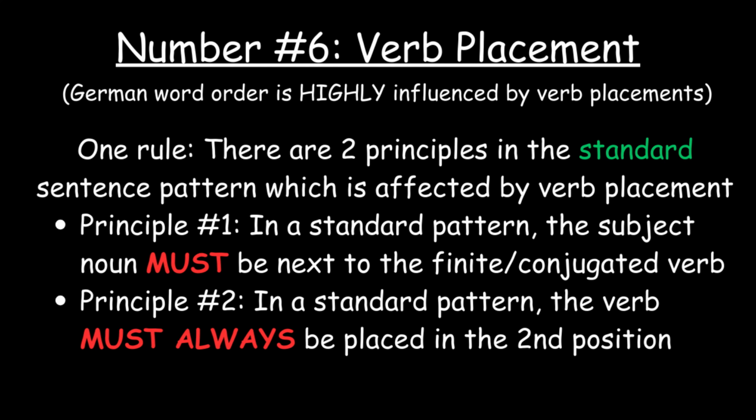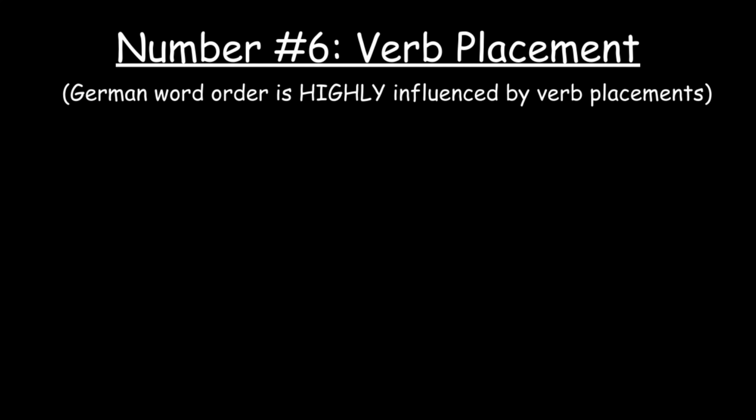Principle number 2. In a standard pattern, the verb must always be placed in the second position. This is always true for any clause, so these 2 principles reflect the simplification of why the standard pattern acts the way it is. This is only one rule to understand because German has many of them.